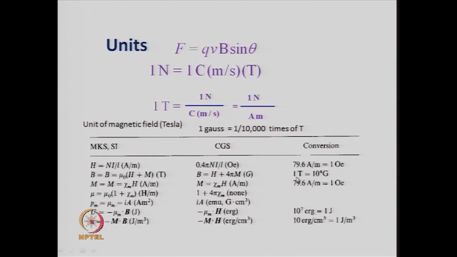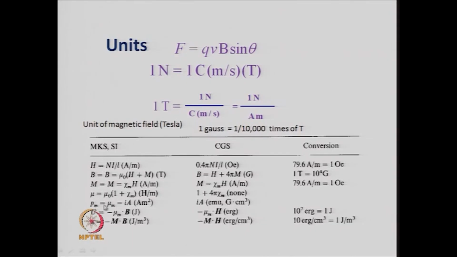So, that is what is written here, 1 Tesla is 10,000 Gauss, and Tesla is the SI unit and is given here. So, these are some of the quantities. On the left you see quantities of magnetic field induction B, and then magnetization and magnetic moment.